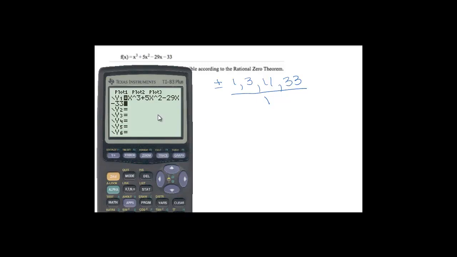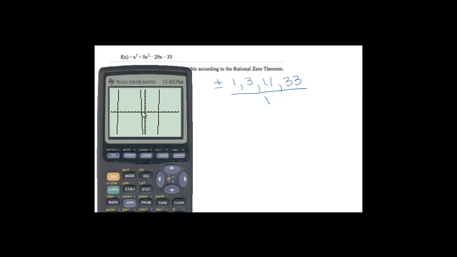I went ahead and entered those. So now we'll say graph. Right, so it looks like a -1 is a 0. And so let's double check that. So we'll do second calc value.